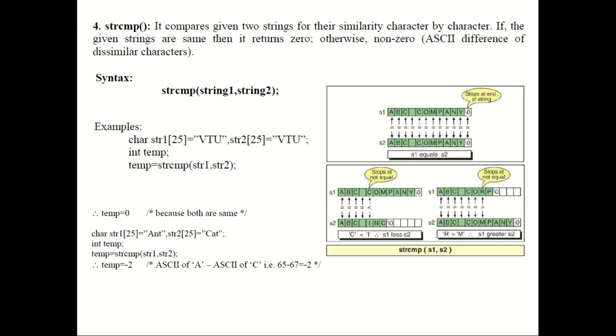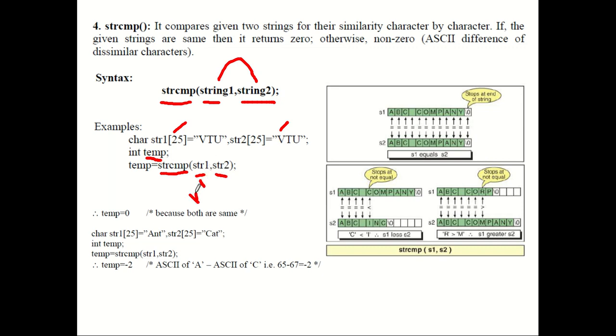Next, string compare. It is used to compare 2 strings to see whether they are equal or not. So strcmp, string 1 and string 2. We are comparing string 1 with string 2. Here this is the first string, this is the second string, and we are storing the result in temp: strcmp(str1, str2).